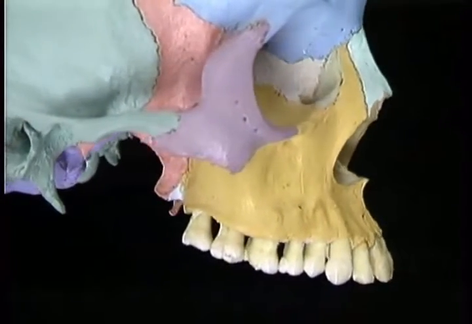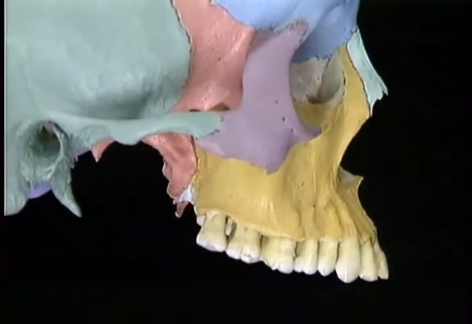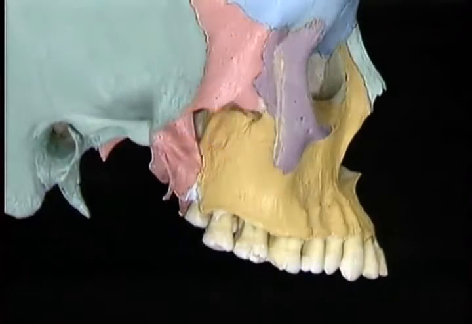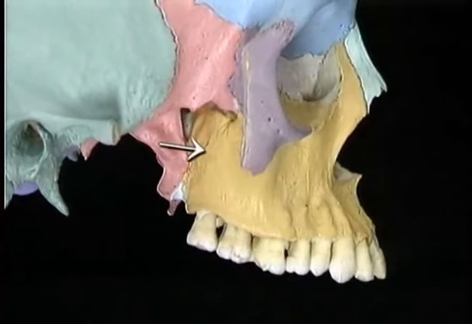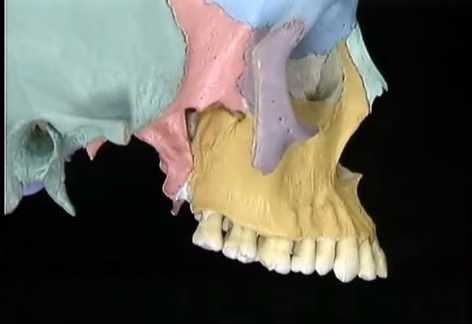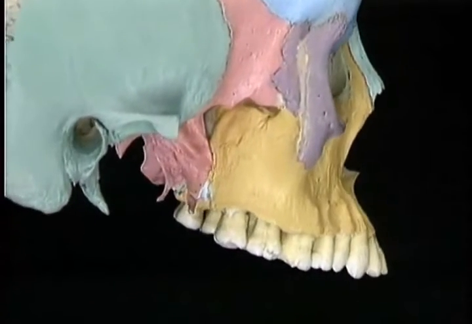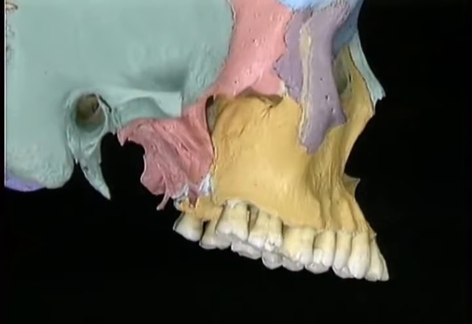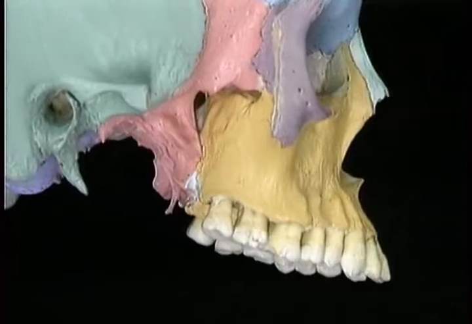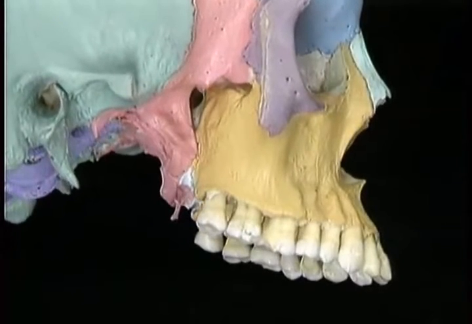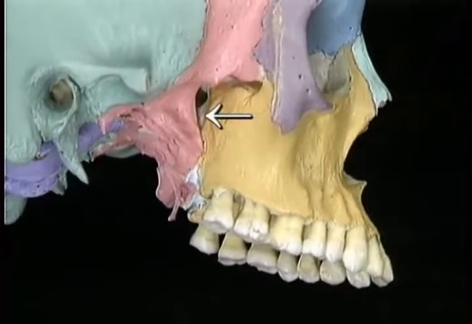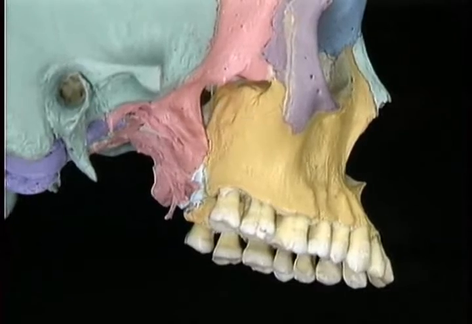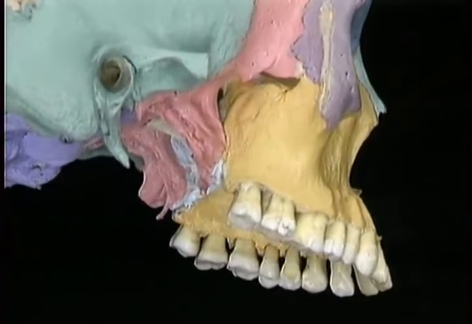To see the posterior part of the maxilla, we'll remove the zygomatic arch. Here's the back of the hollow part of the maxilla. Down here, the maxilla is joined to the bone behind it, the sphenoid bone. Apart from this attachment, the maxilla is separated from the sphenoid by this impressive cleft, which has a vertical part and a horizontal part.